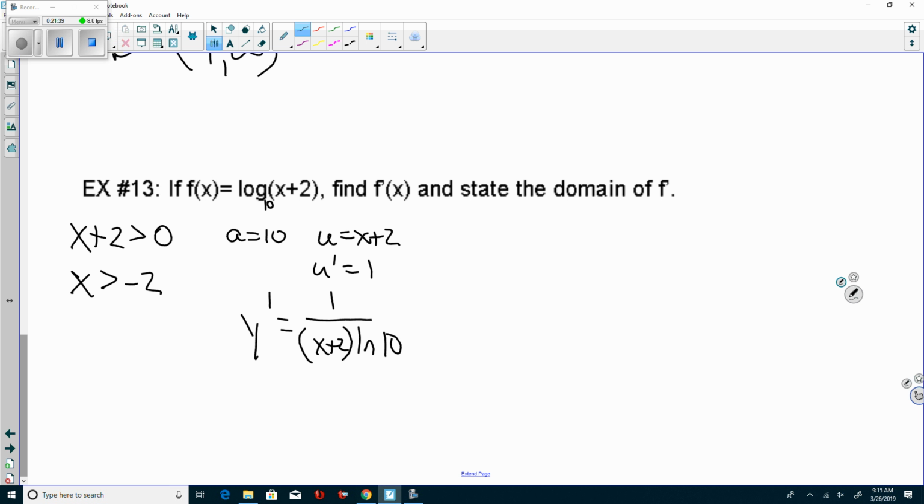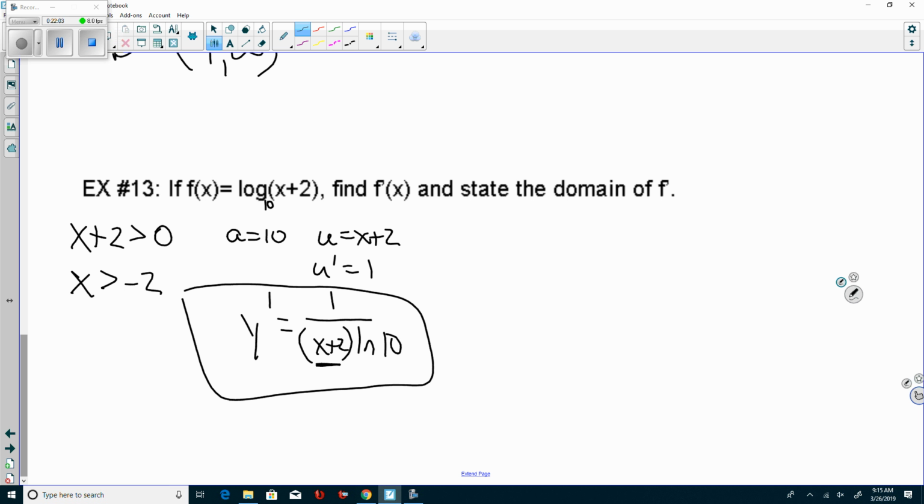Now, if you're talking about my domain of the derivative, ln of 10 is a value. It's going to be some crazy value, but all it is is a value. You can put it in your calculator and spit out a decimal for it, so it really means nothing with regards to the domain.